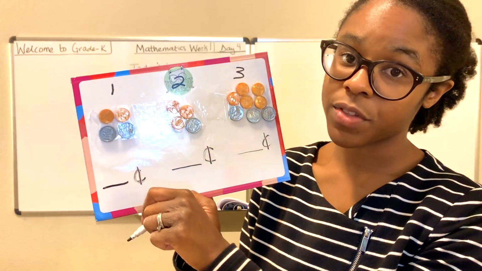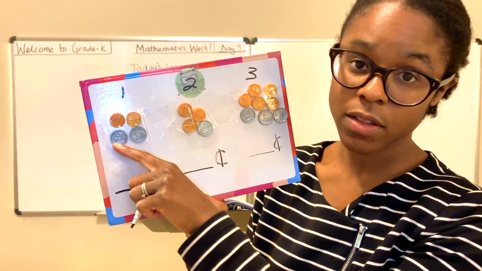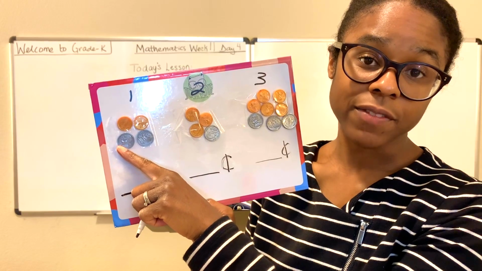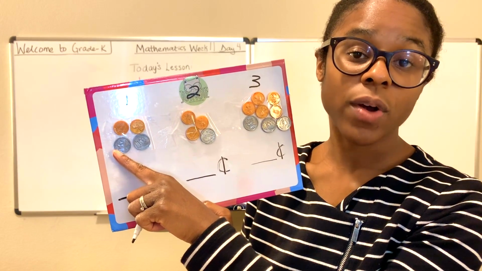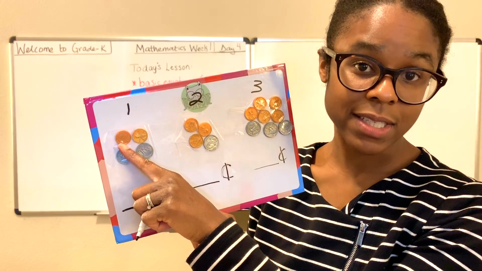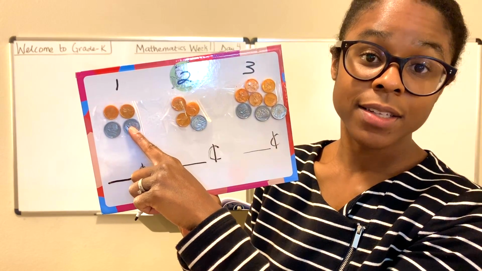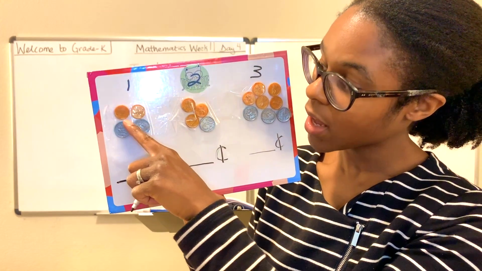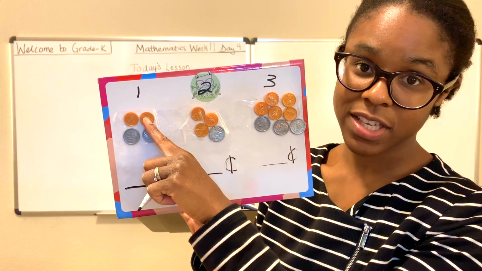Well, let's start with the largest number. The largest coin is the nickel. The nickel is worth 5. So let's count by 5s until we've counted all of the nickels. And then we'll add up by 1 since the pennies are all equal to 1 cent each, okay? So we have 5, 10, 11, 12. Did you see that?